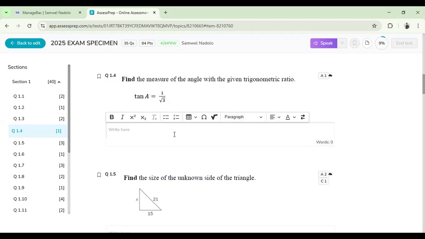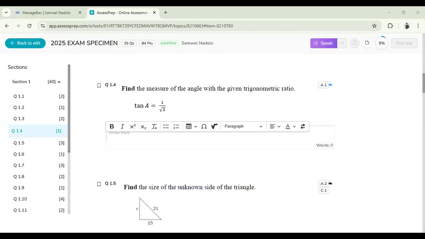Now, if you use a special triangle, we will know that this 1 divided by √3 will be tan 30. If you're having a problem identifying that, let's just see how that comes about.